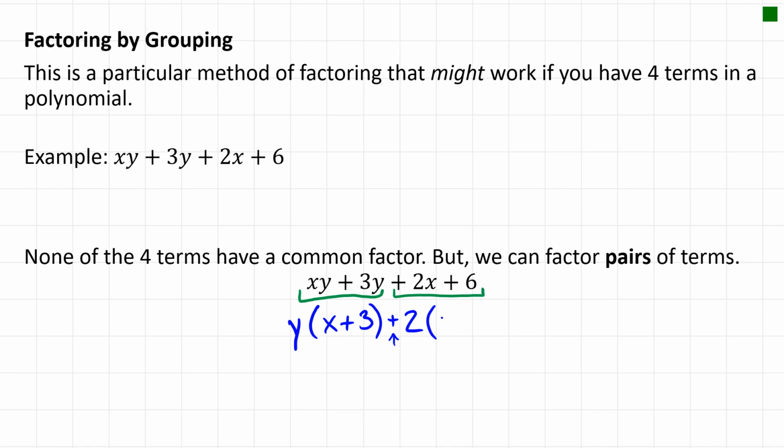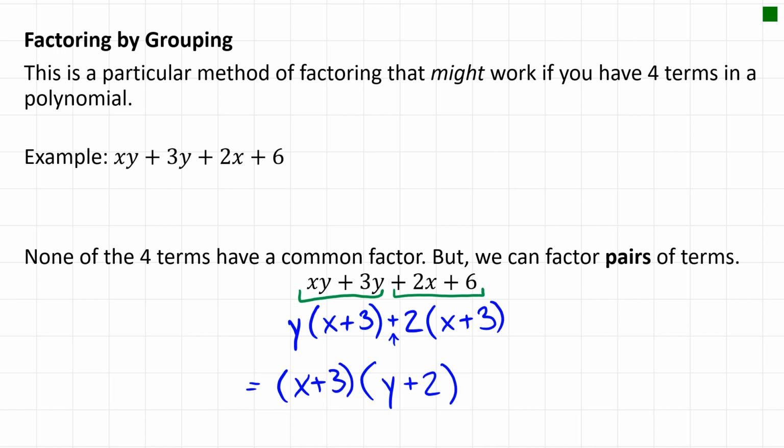So I'm left with x plus 3 in the second brackets. And now we notice that we have common factors of x plus 3. So I can factor off x plus 3 from each of those 2 terms now, and I'm left with x plus 3 times y plus 2. And so that's called factoring by grouping.